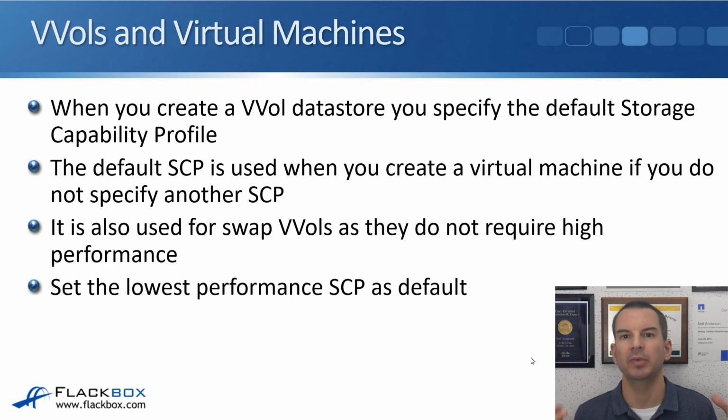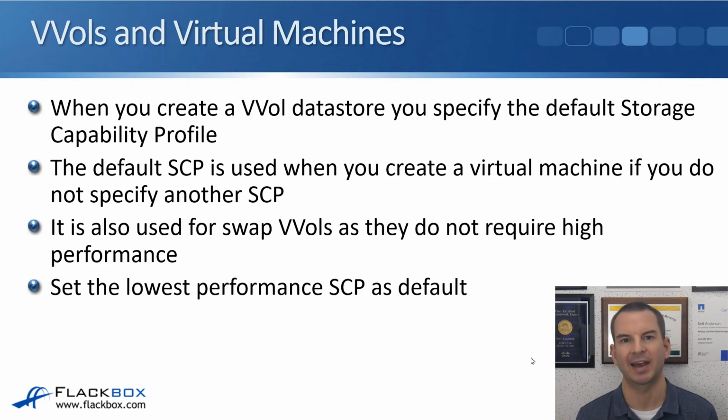For example, maybe we create a VVol data store made up of two volumes. One is high performance and one is low performance. You would specify the low performance one as the default SCP. It's also used for swap VVols as they do not require high performance. So set the lowest performance SCP as default.